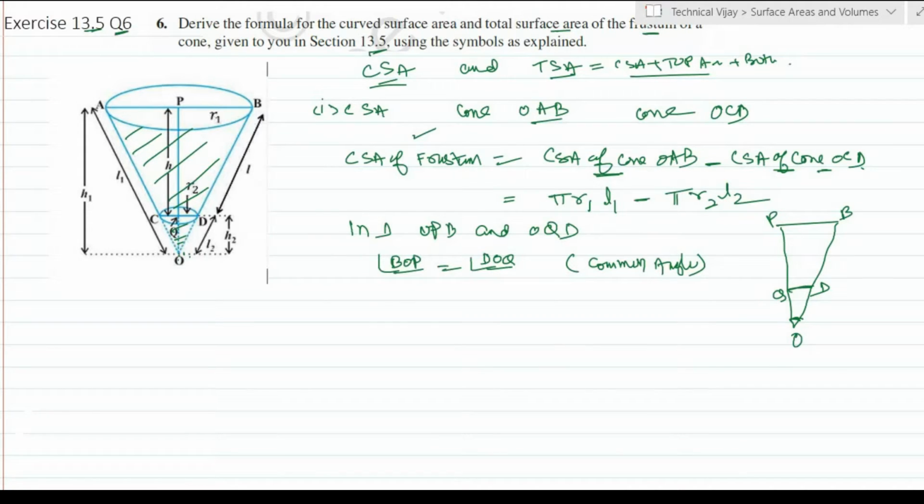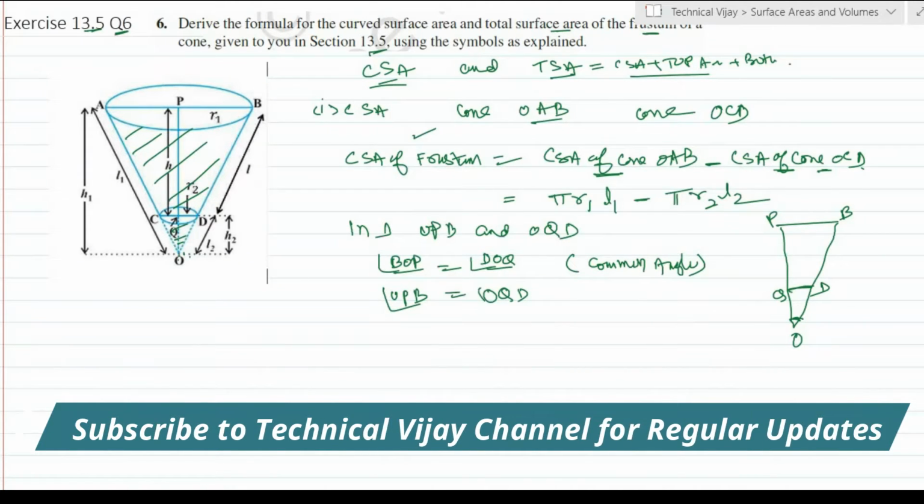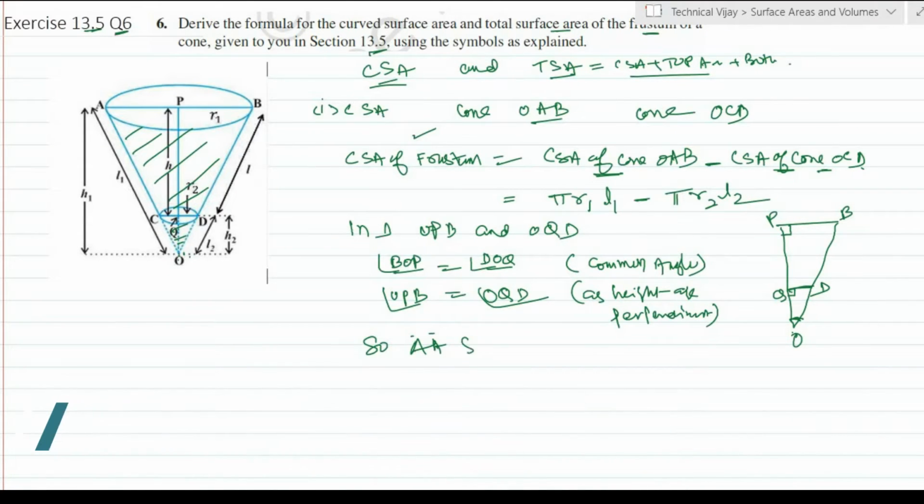Angle OPB is 90 degrees and angle OQD is also 90 degrees, because the heights are drawn perpendicular. So by AA similarity criterion, both triangles we have considered are similar.